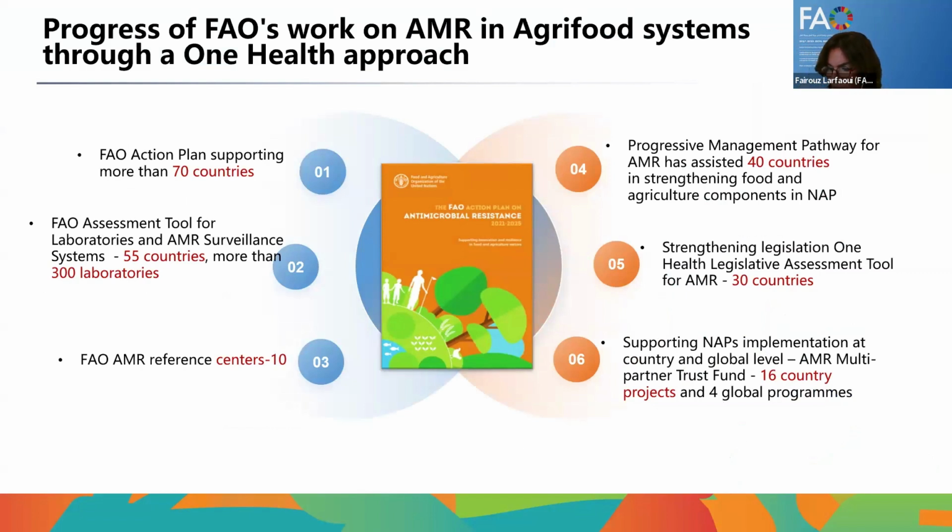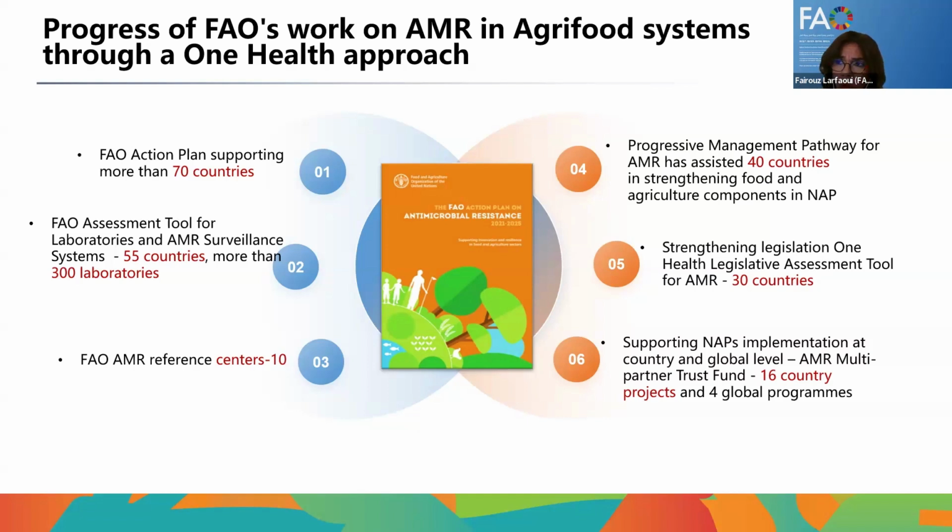Antimicrobial resistance, as we know, is an important concern for livestock production, so FAO has put it high on the agenda. Tools for laboratory assessment and AMR surveillance have also been developed, and 55 countries have been supported on this, with assessments conducted in over 300 laboratories.